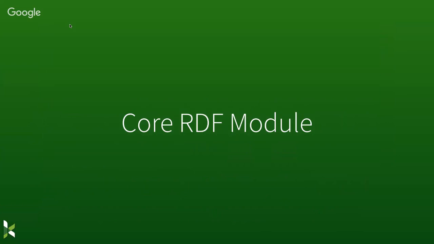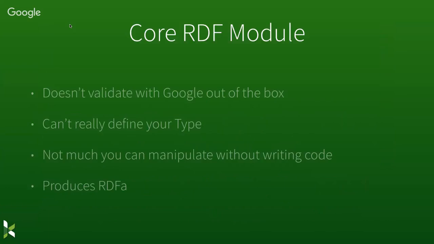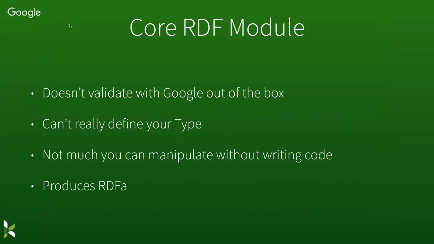There are a couple of options. One which I spoke about briefly earlier is the core RDF module. This is one I was super excited was in core for D8. So I turned it on and played with it. And as you probably saw in my screenshot, what I found is it doesn't validate with Google out of the box. And you can't really define a lot of discrete types.